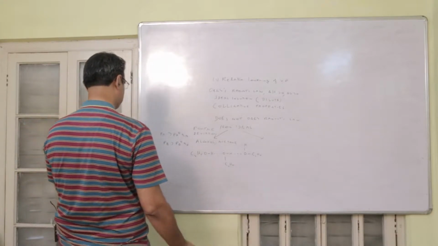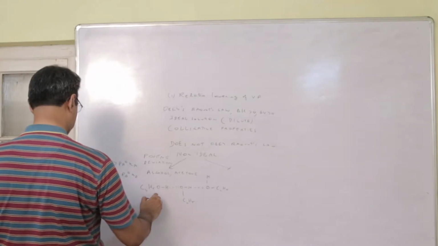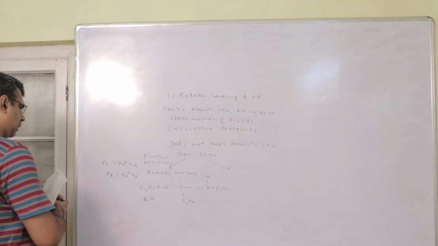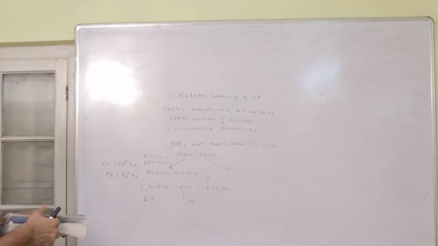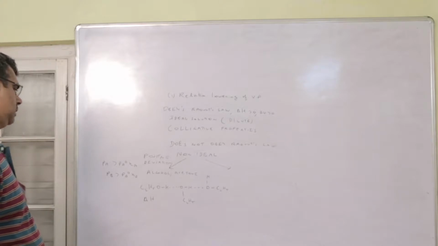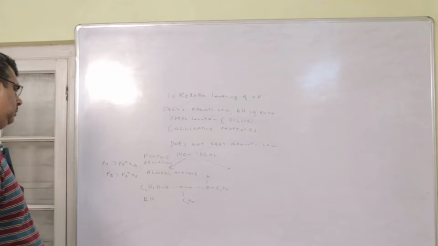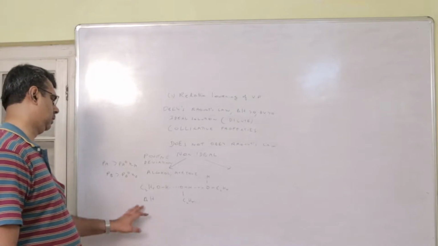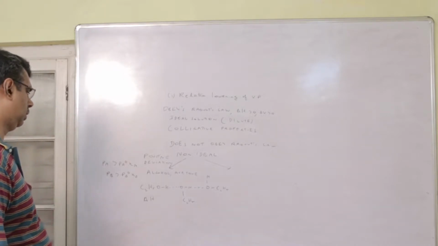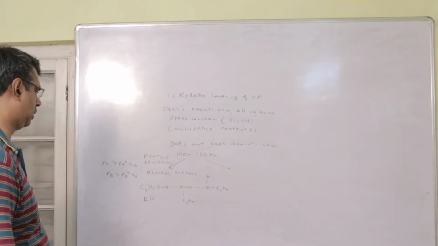Now there's another thing, that when you mix these two, during mixing some energy is absorbed to break the old bonds and some energy is released for formation of new bonds.